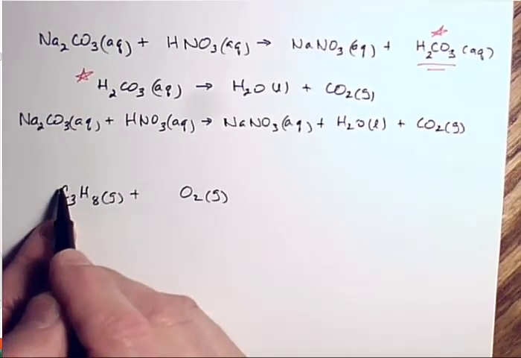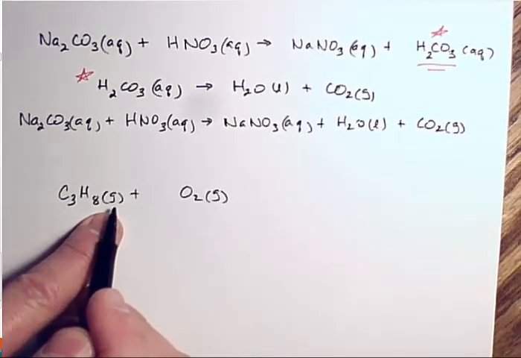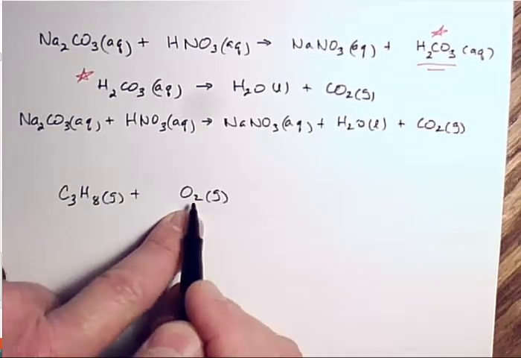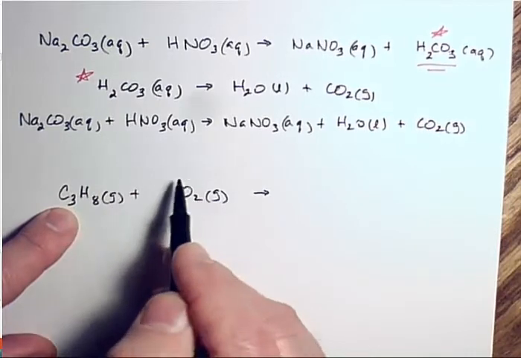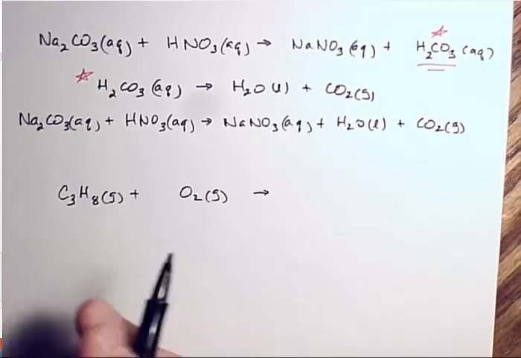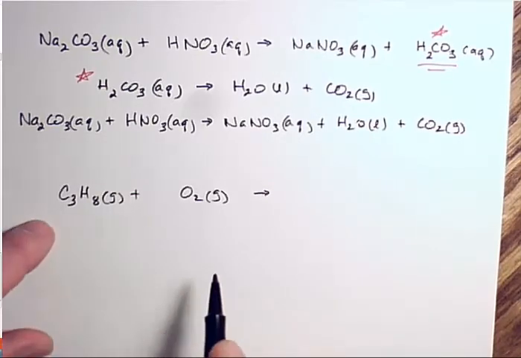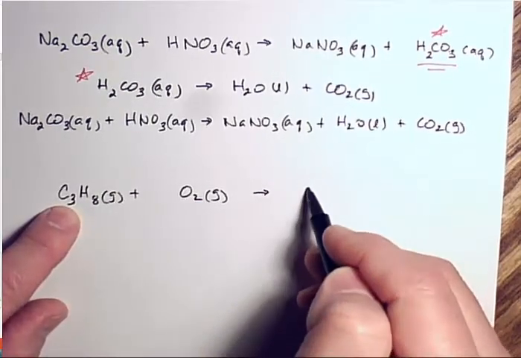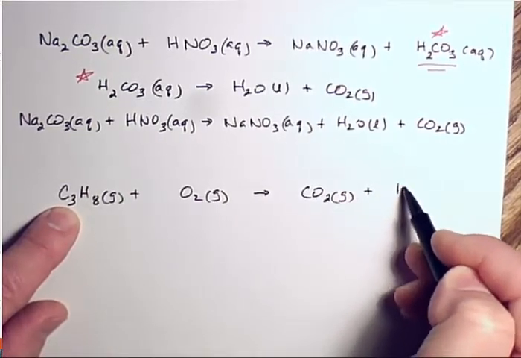For us, these carbon chains that are 5 carbons or smaller, we're always going to call a gas, and oxygen's always a gas. Anytime you have a hydrocarbon reacting with oxygen in this class, where we're just beginning to learn about chemistry and the basic reactions that occur, we're going to assume that we're always going to make carbon dioxide gas and steam.